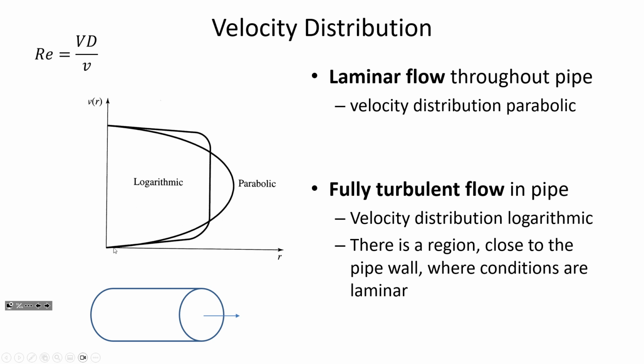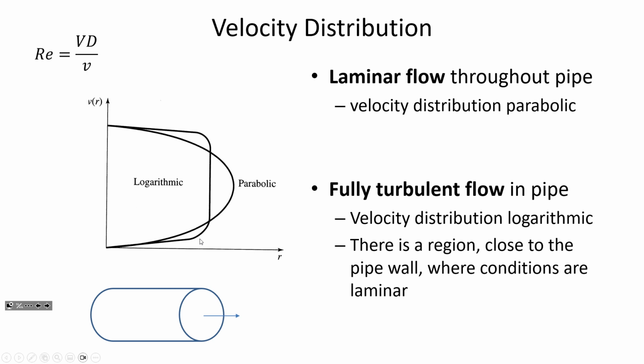And so what happens is a parabolic velocity distribution will dominate in laminar flow conditions. And so at the edge of the pipe, the velocity will be 0. At the center of the pipe, where you're the furthest away from the pipe wall, that's where the velocity would be the highest. When you have turbulent flow conditions, the velocity distribution is no longer going to be parabolic.